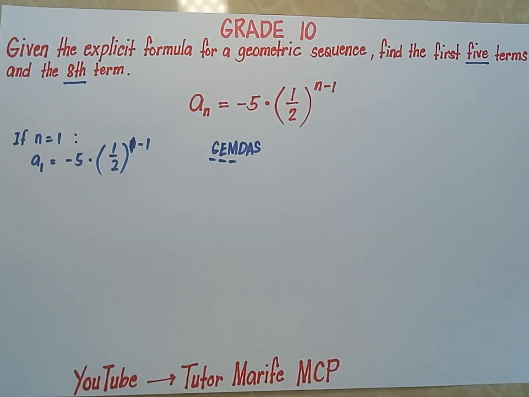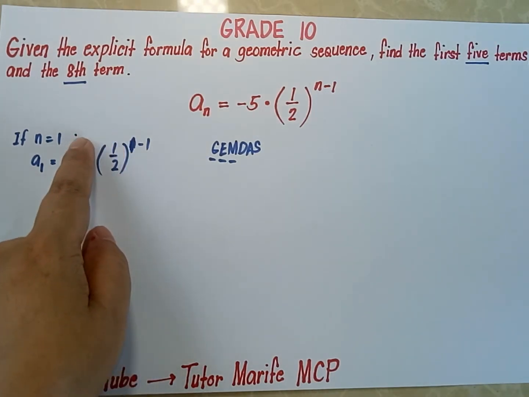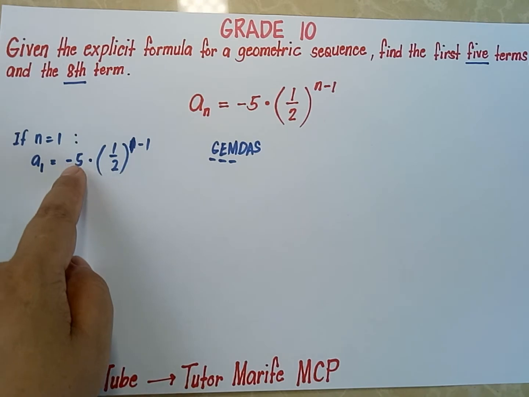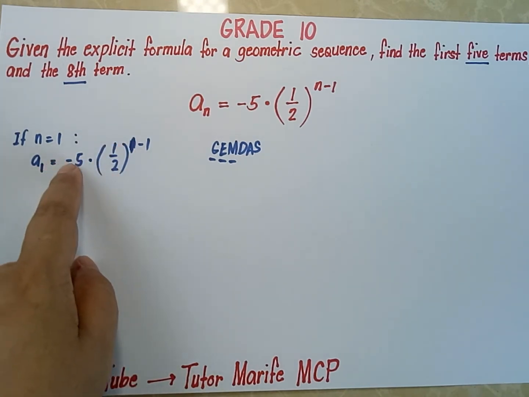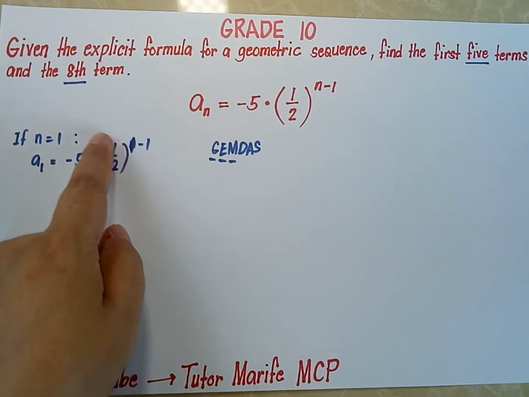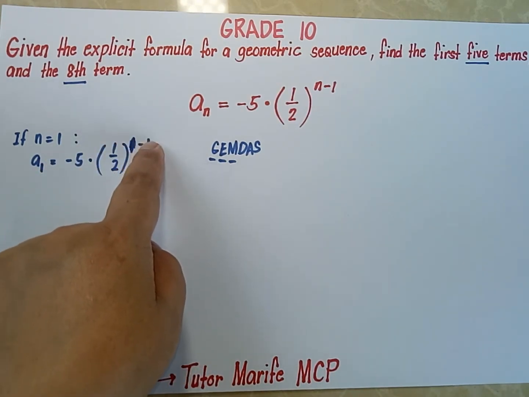So, ang estudyante na hindi masyadong na-master ang GEMDAS rule, ito ang pwede niyang mali na gagawin. Gagawin niya, uunahin niya munang imumultiply kasi ang negative 5 and 1/2. Tapos, yung makukuha niyang product, yun ang i-raise niya sa exponent na nandito.